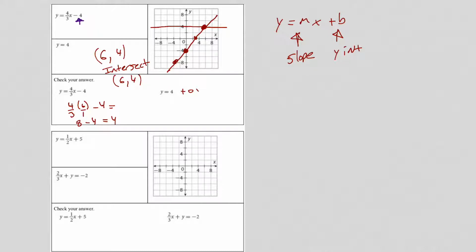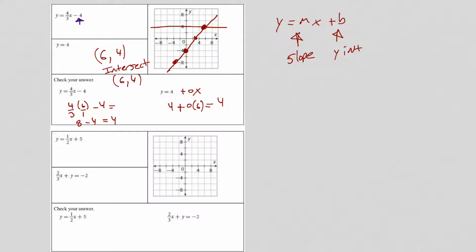If you can imagine, this is like 0x plus 4. So if I did 0 times 6 plus 4, what does that equal? It's equal to 4. So this is also true. That's basically what the intersection of two lines is. It's the point at which the point makes both line equations correct or true.